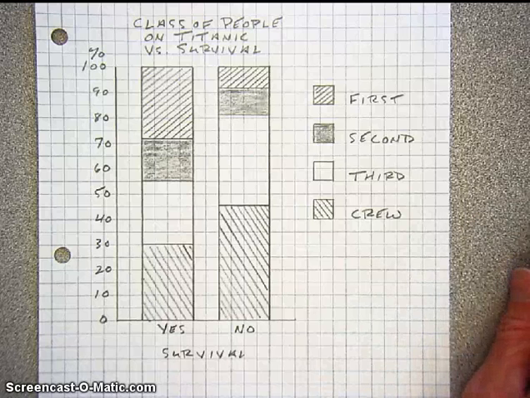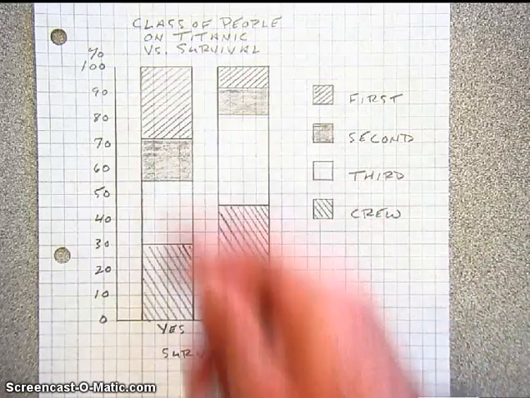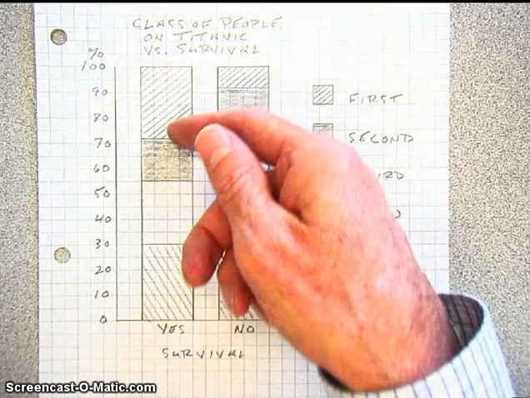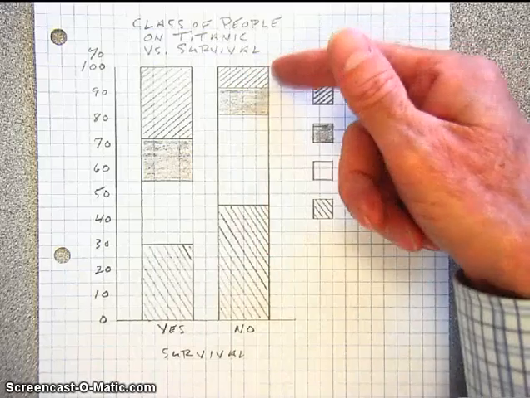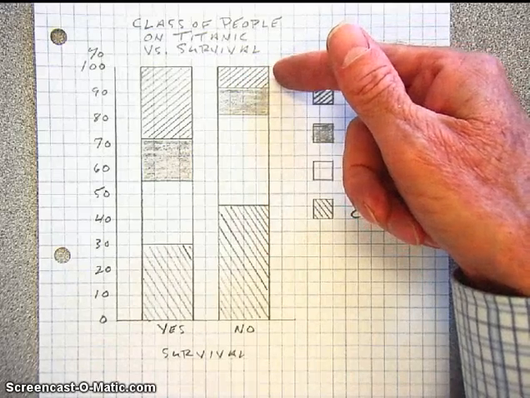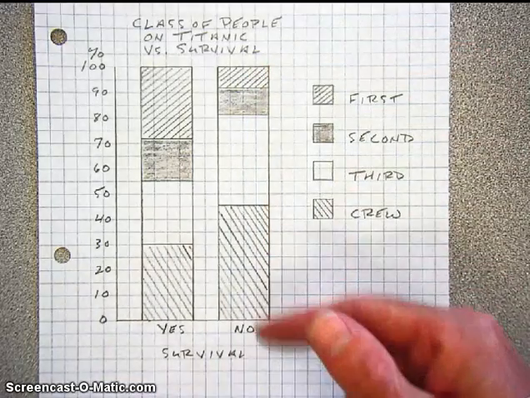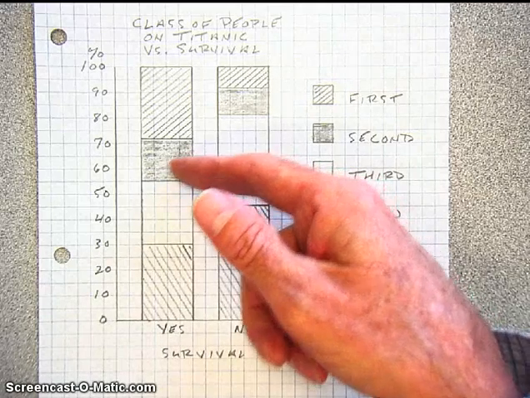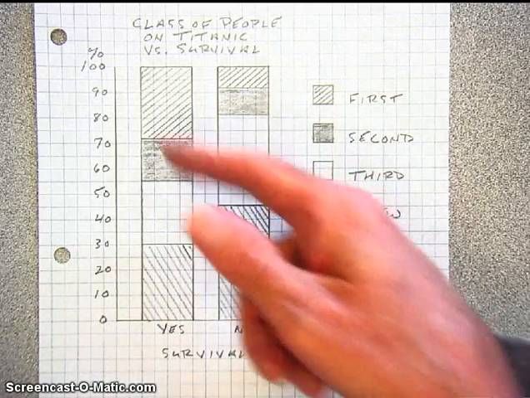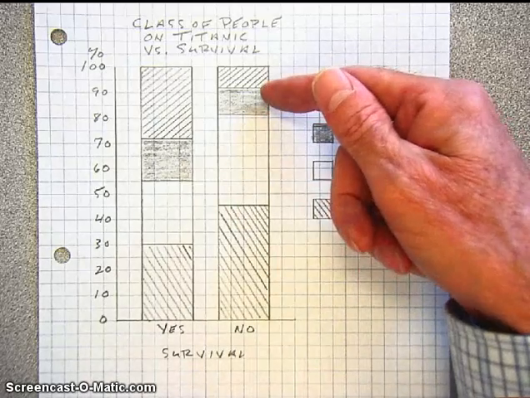You can see from the picture there are some pretty dramatic differences. Right here you see among the survivors there is a very high proportion of first class passengers in comparison to the proportion of first class passengers among the dead. And you also see a somewhat larger proportion of second class passengers among the survivors versus among the dead.